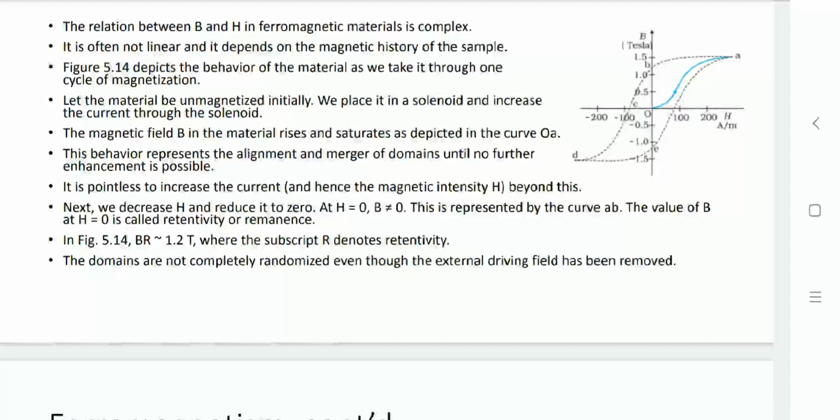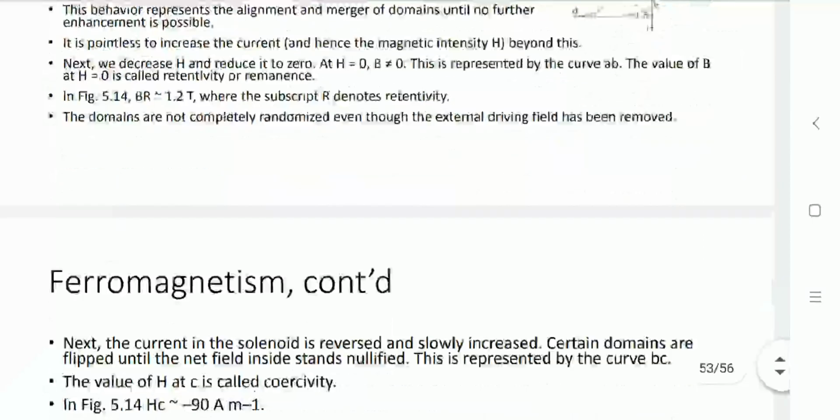Now we reduce the external field towards zero. As we reduce the external field towards zero from the negative saturation limit, the curve goes along DE, and that B value is minus 1.2 Tesla.